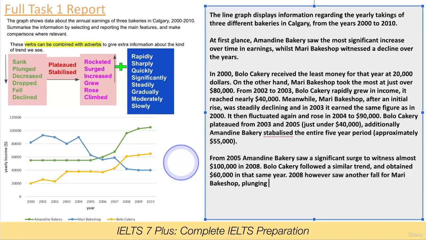Plunging by almost 20,000. So we're just using the difference now, $20,000. Plunging by almost $20,000.